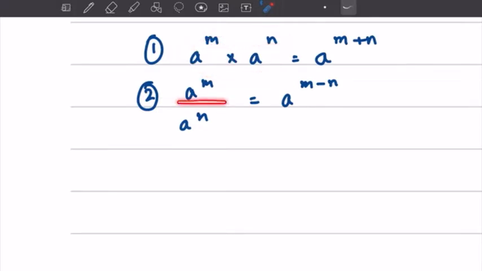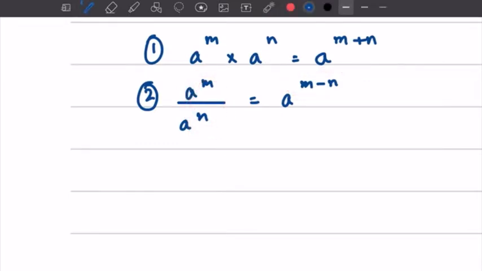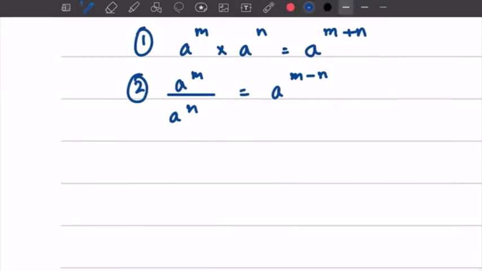Here you have division, so you subtract them. So to divide numbers with the same base, which is a, keep the base and subtract the exponents. For example, let's say you have m as 4 and n as 2, your answer would just be a to the power of 2. That's all the second law says.